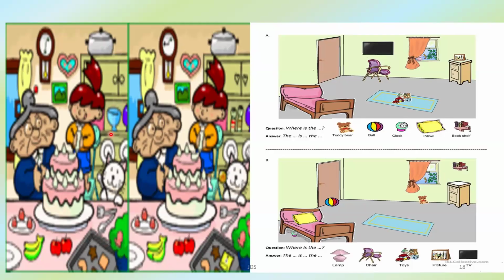In the first picture, you have a blue color egg cup, and in the second one, I can't see clearly, but it's not an egg cup, it has something else. Ma'am, there is a photo frame in the background.